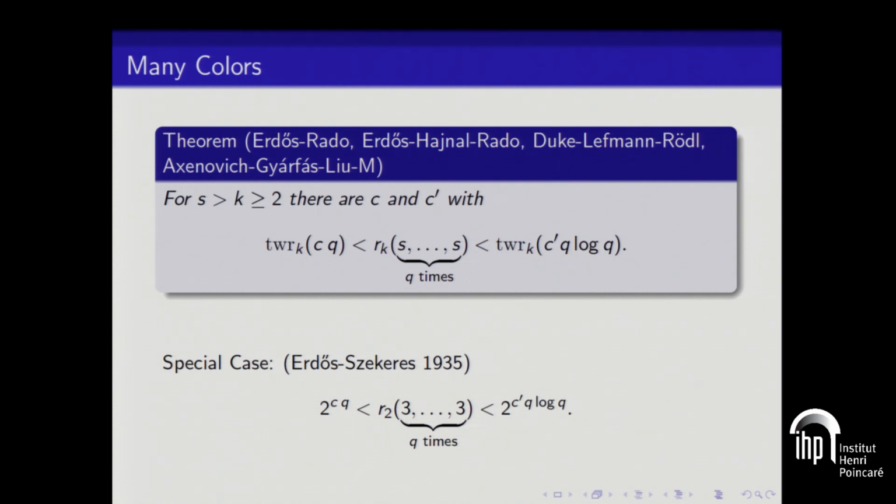It's the so-called multicolor Ramsey problem. So the k-uniform Ramsey number where you have q colors and you're forbidding an s-clique in each color. s is fixed, k is fixed, q is very large. q is going to infinity. And the issue here is within the tower whether you're growing as linear in q or q log q.